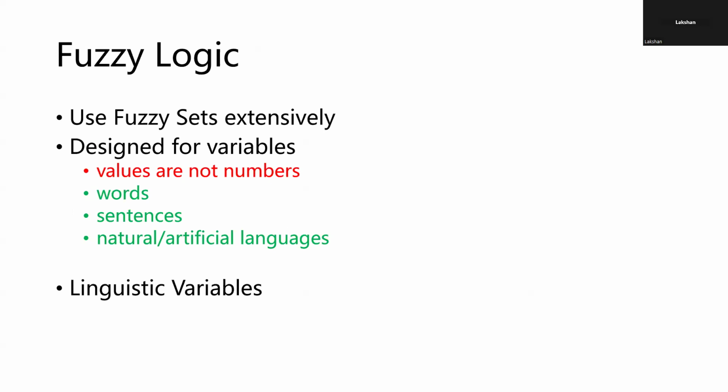Fuzzy logic can be used extensively for variables that are not numbers. If you are not getting exact numbers, as I already told you, starting from here we can say Colombo is very hot. Then going to the Kandy area, we can say it's cool.